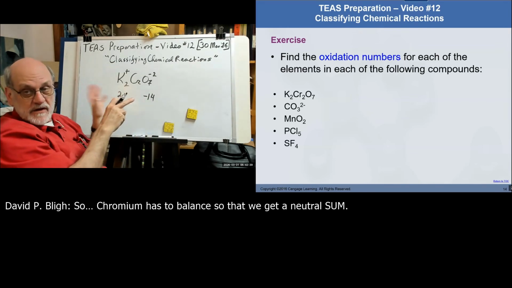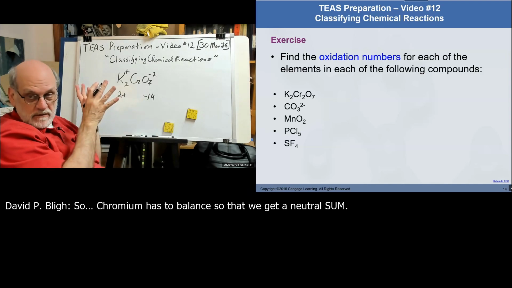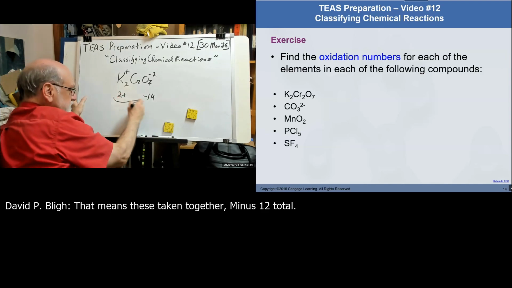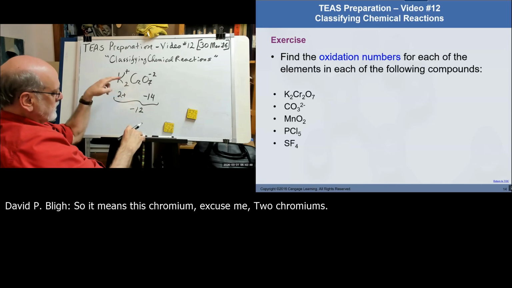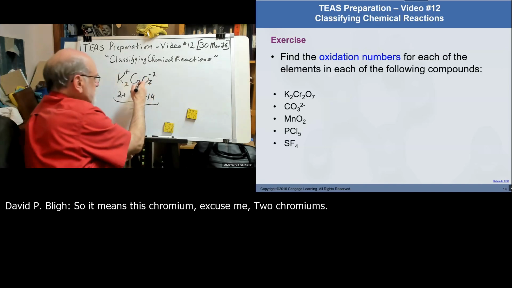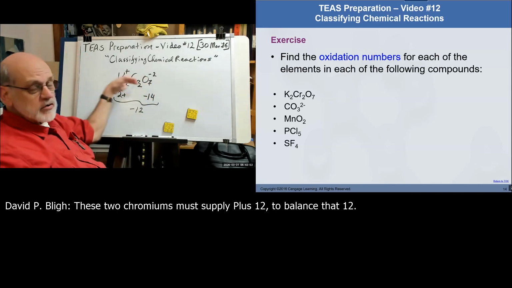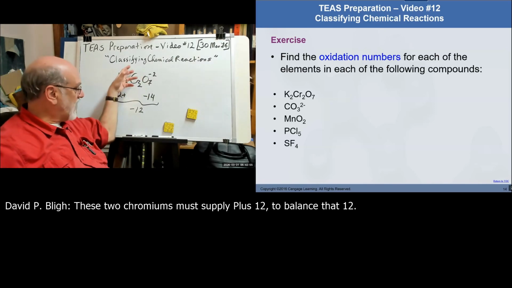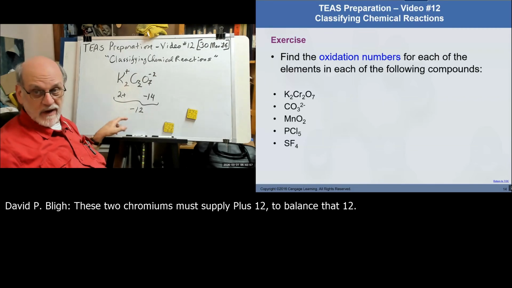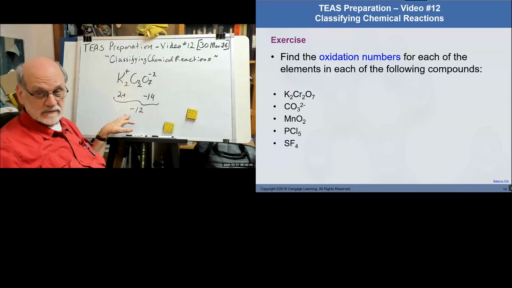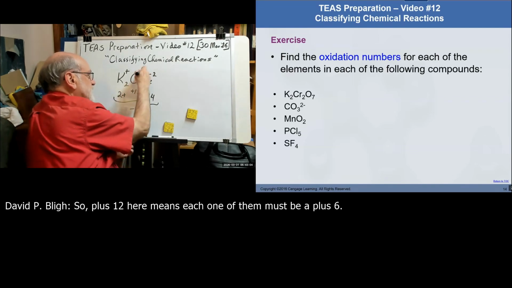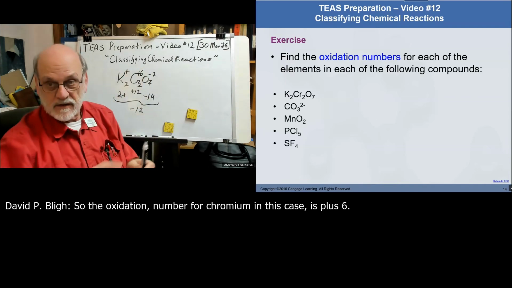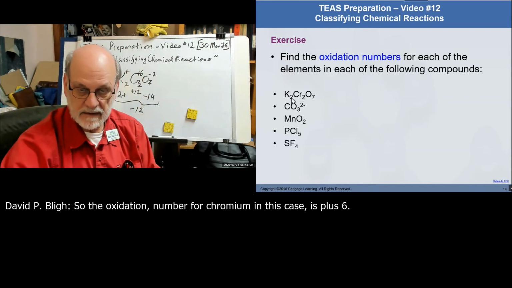Chromium has to balance so that we get a neutral sum. That means these taken together, -12 total. So these 2 chromiums must supply +12 to balance that. +12 here means each one of them must be a +6. So the oxidation number for chromium in this case is +6.